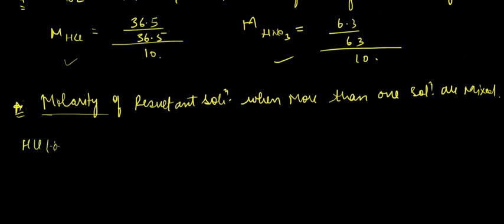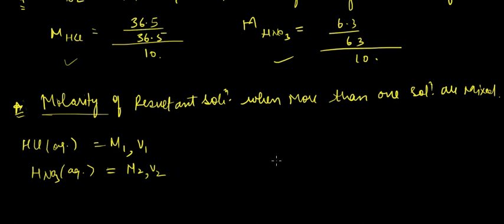Suppose we have HCl aqueous with molarity M1 and volume V1, and HNO3 aqueous with molarity M2 and volume V2. The solutes are non-reacting.